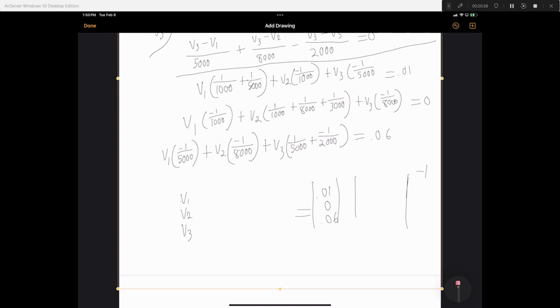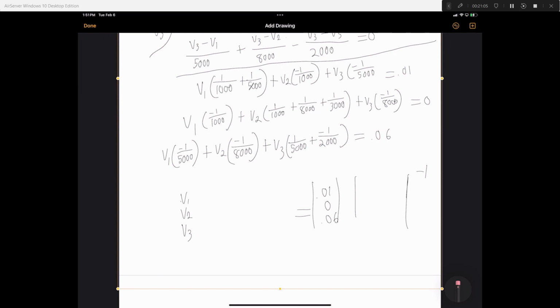Negative 1 divided by 8,000. Negative 1 divided by 5,000. And then negative 1 divided by 8,000. Then we'll have 1 divided by 5,000 plus negative 1 divided by 2,000.